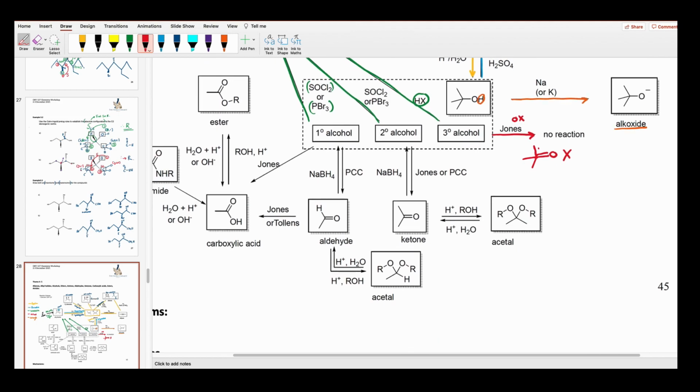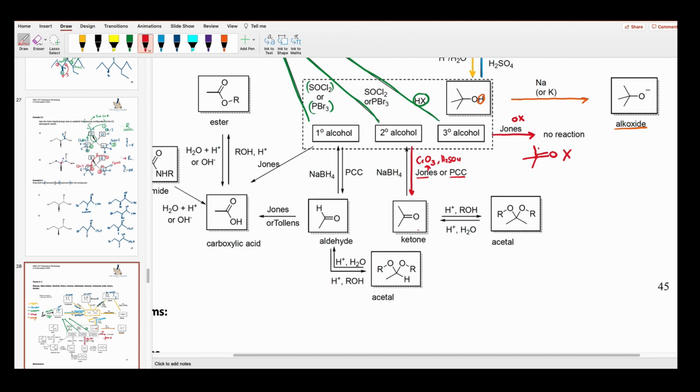However, if you look at secondary and primary alcohols, they actually do undergo oxidation. And they can do that with Jones reagent or PCC. Sometimes they might not say Jones reagent, but they might say chromium or chromate in sulfuric acid, because that's basically what Jones reagent is, or PCC.